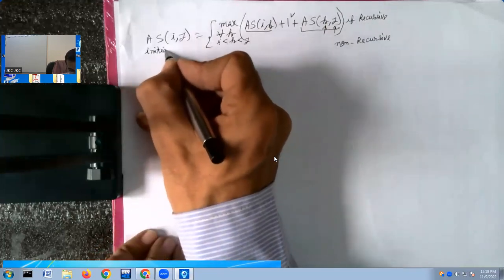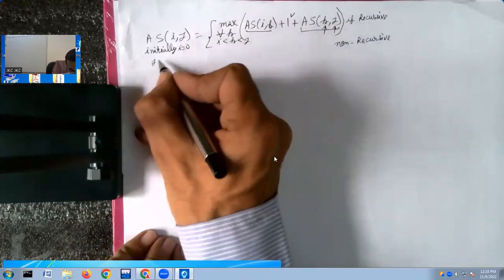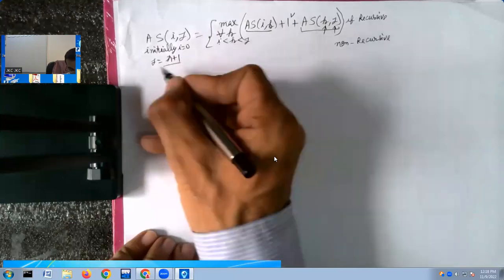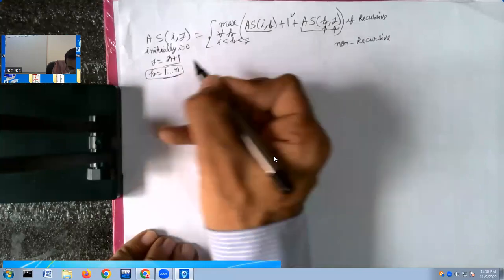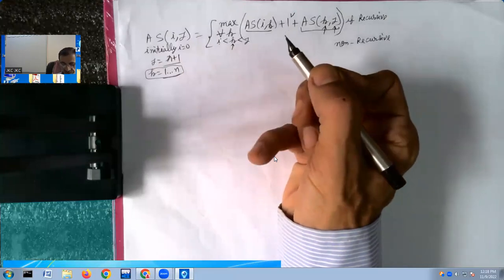So K will never be equal to 0 or n plus 1, and accordingly, K can be initially 1 to n. Once any job gets selected, leaving that job, others will be attempted in between for all permutations.